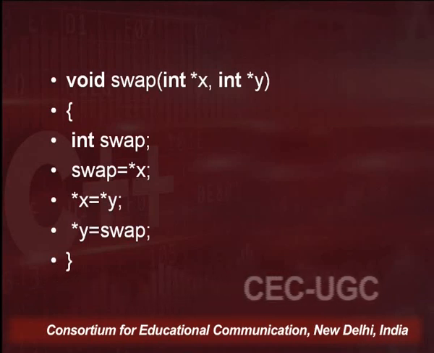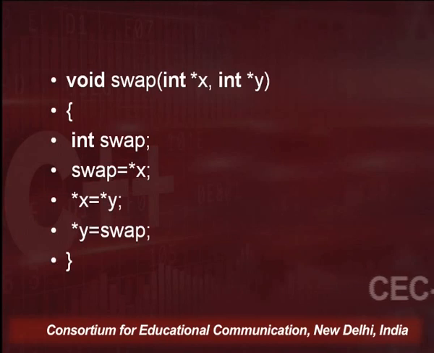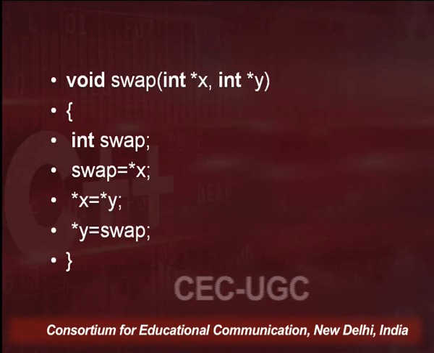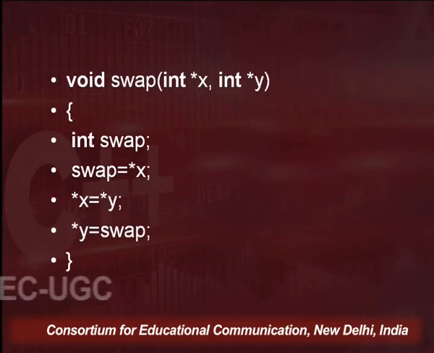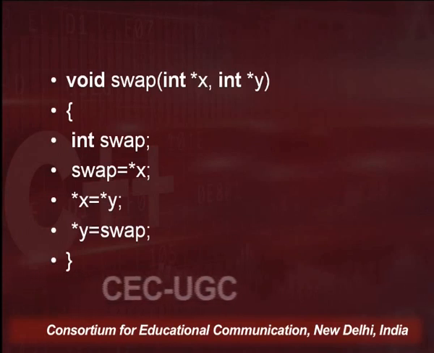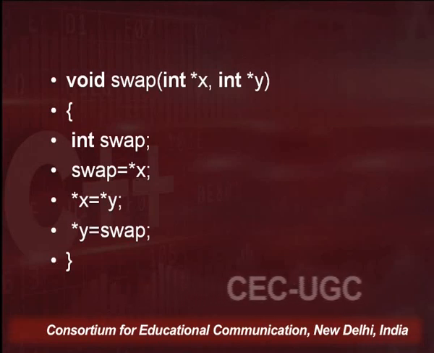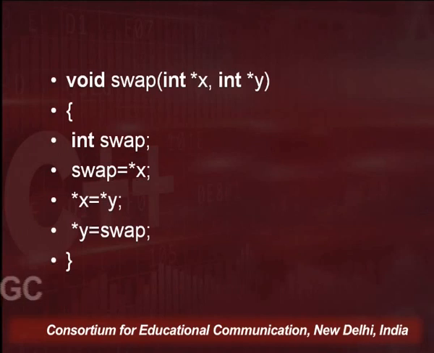So int asterisk x is a clear indication that x is a pointer variable. Int asterisk y is another clear indication that y is also a pointer variable. Now try to think, if there is a pointer variable, what is it going to store? A pointer variable is always there to store an address.